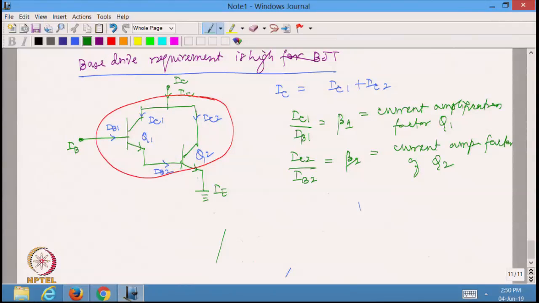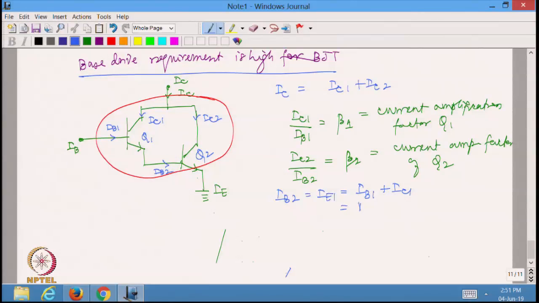Now, if I look at what IB2 is, IB2 is the same as IE1, which, by Kirchhoff's current law, is IB1 plus IC1. This is what IB2 is.